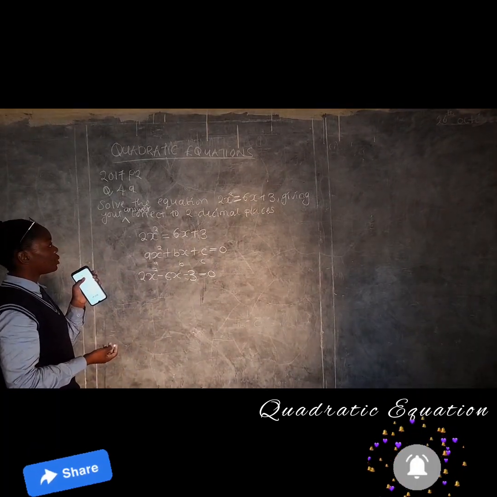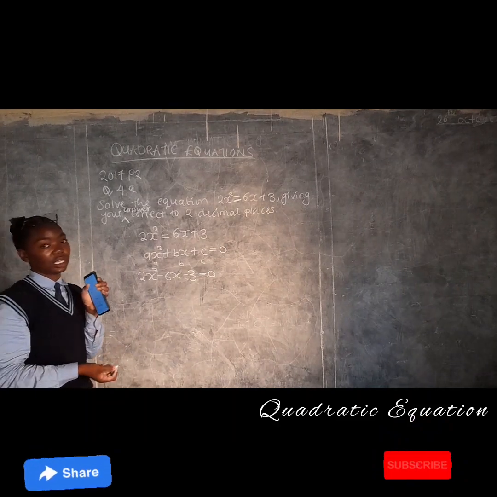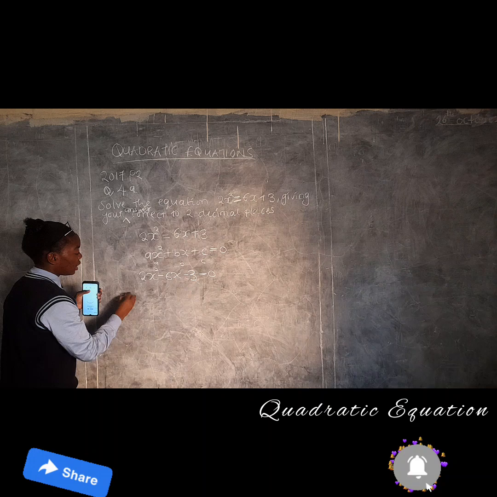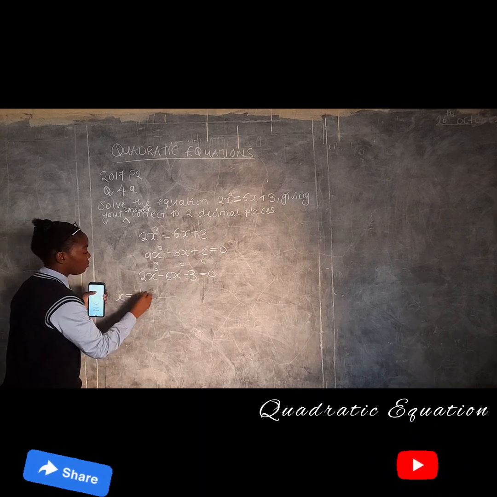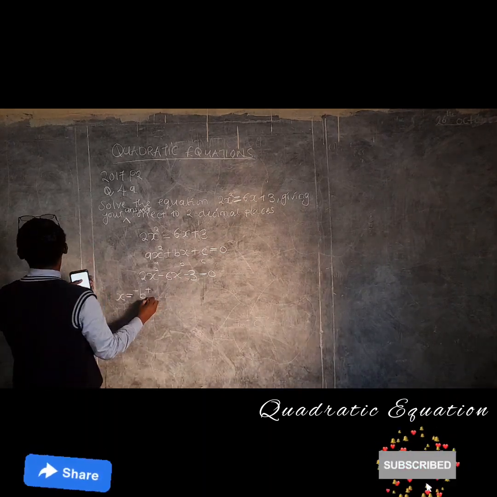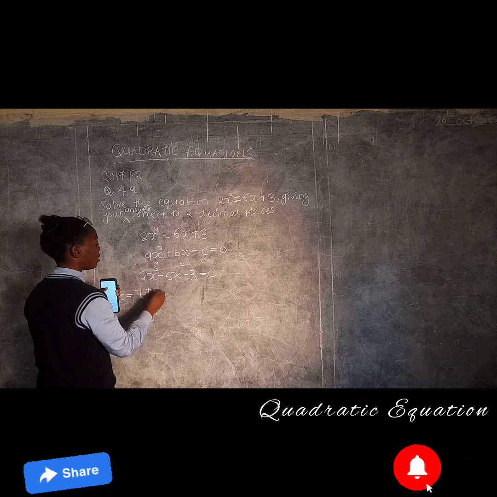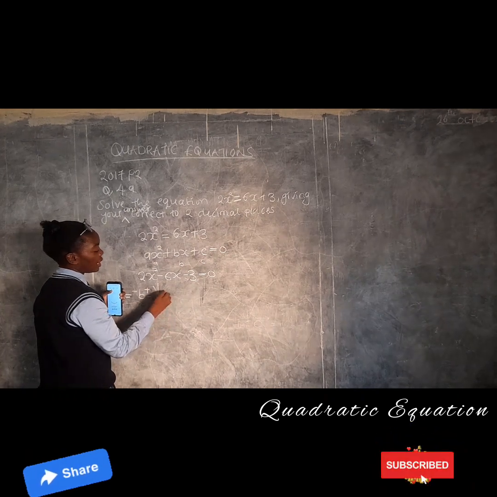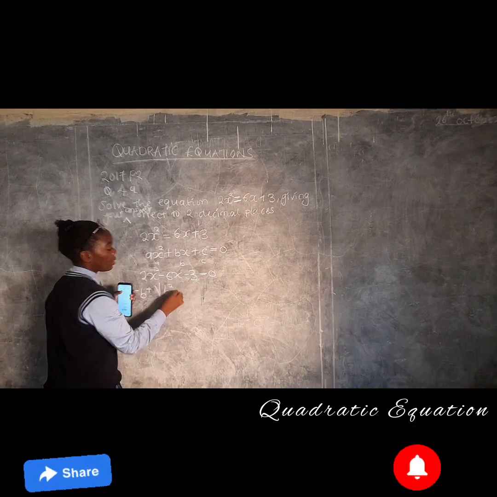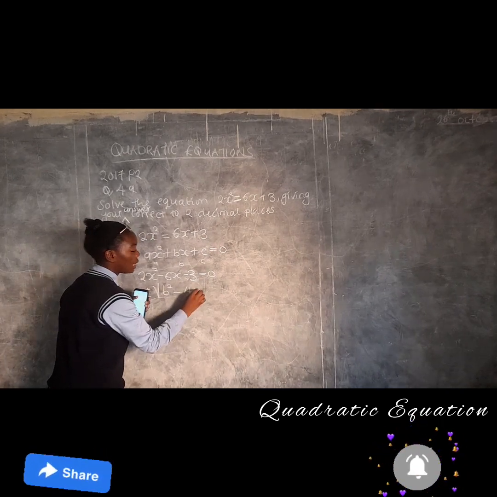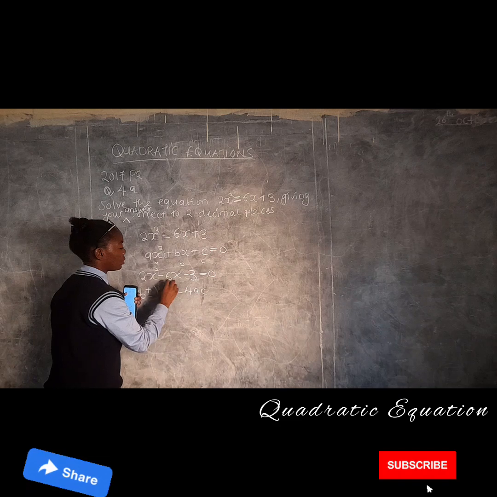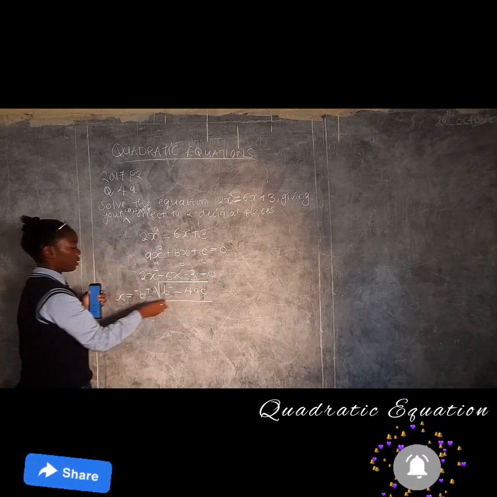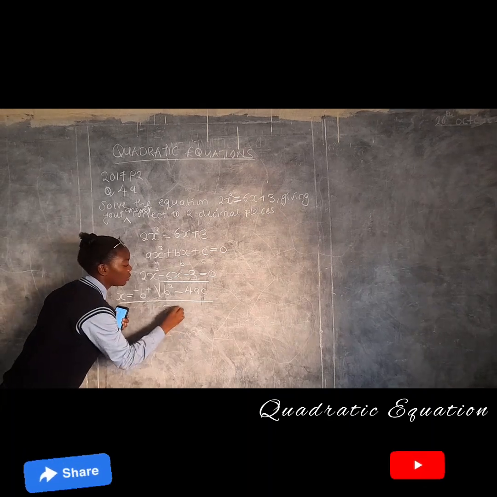So our equation has been written down here. What we're supposed to do is to write down our formula. So our formula is x is equal to negative b plus and minus the square root of b squared minus 4ac, over 2a.